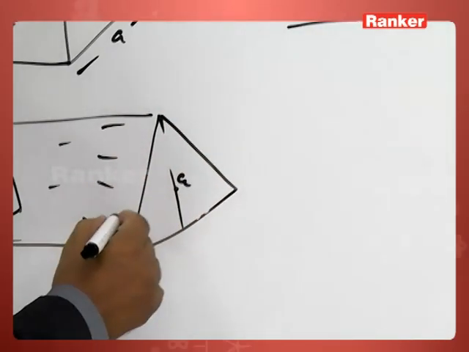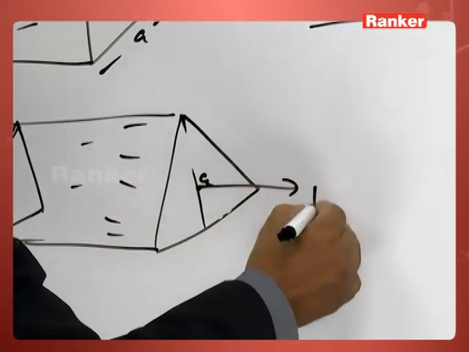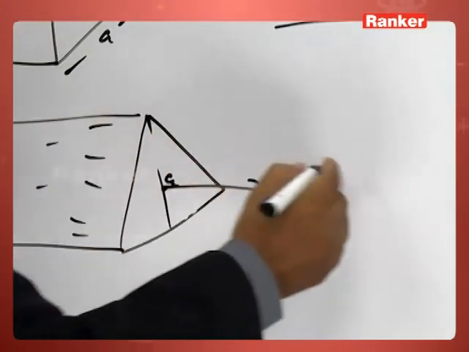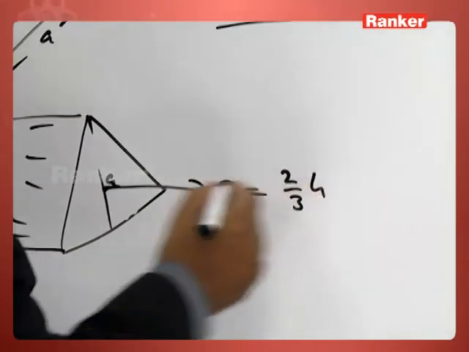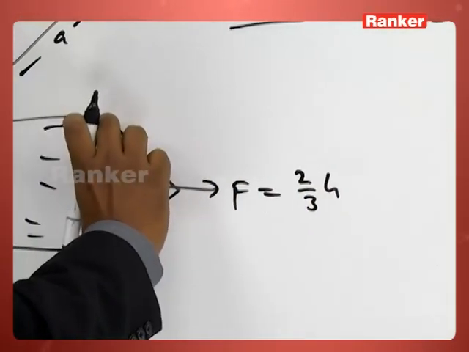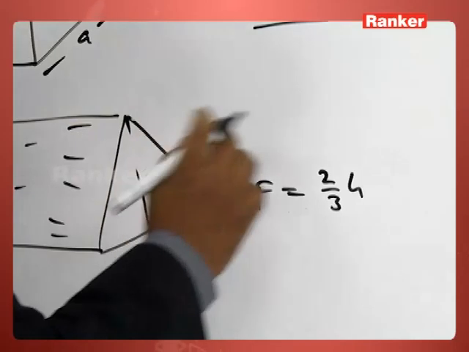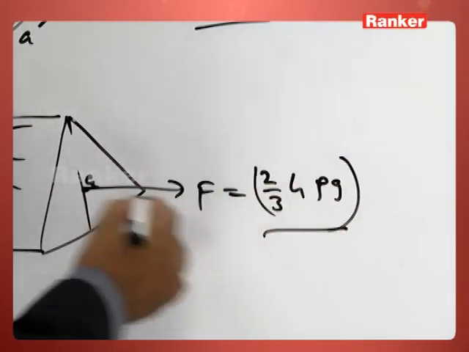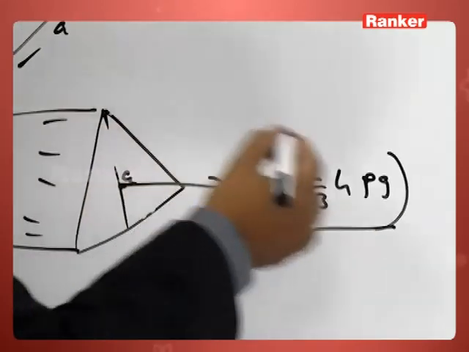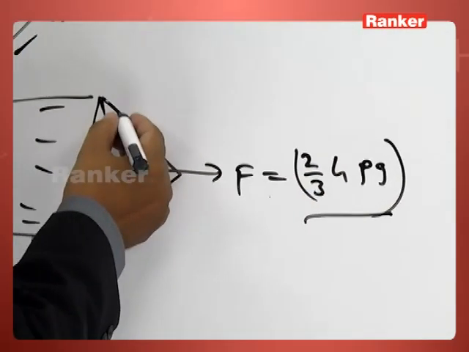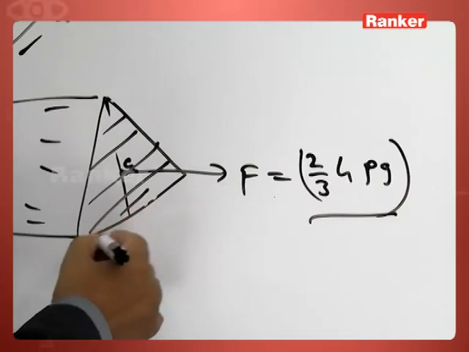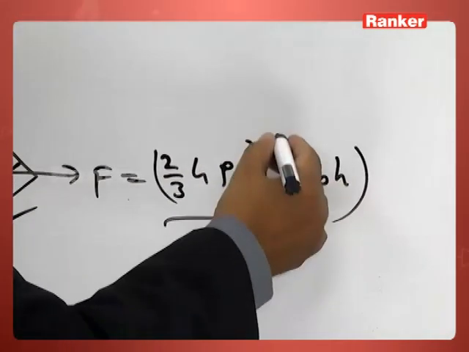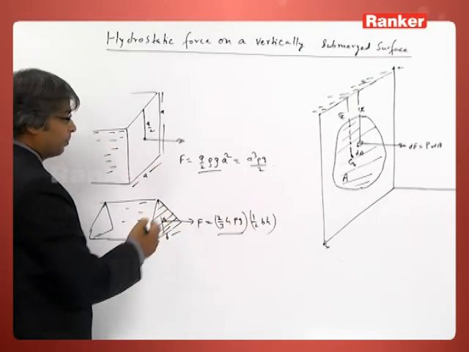Suppose this height is h, so the force will be given by, the centroid is at the 2/3 position, so 2h by 3 rho g is the pressure at the centroid, into that area. This area means, suppose this is B, then half into base into altitude. So this will give the total force.